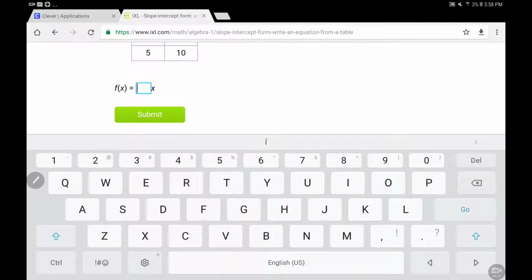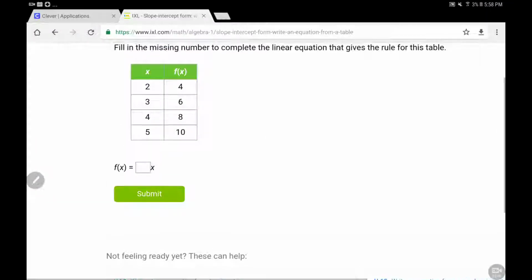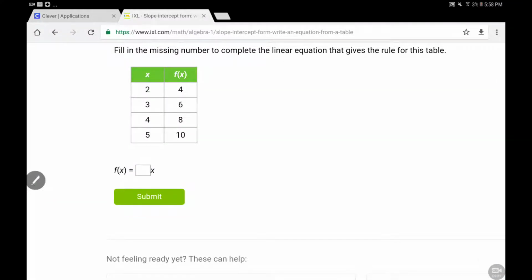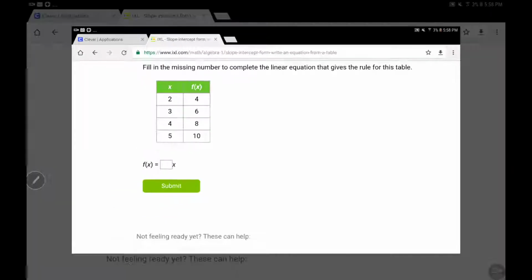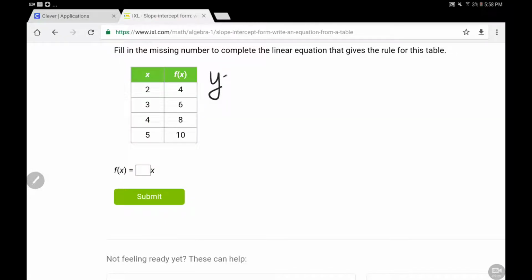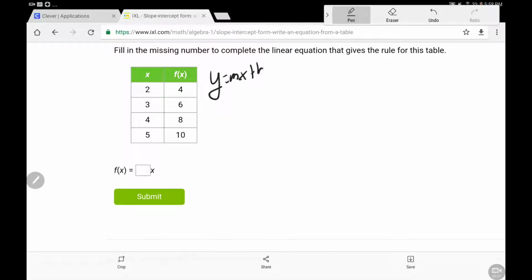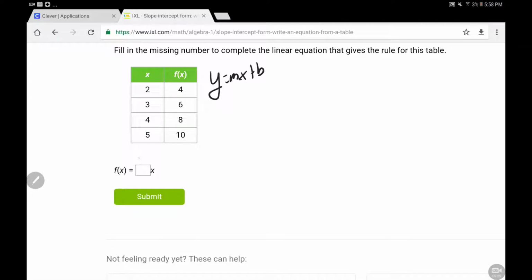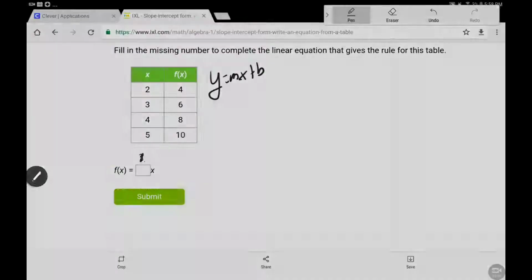Okay, so simply put that in and submit. Now, when we look at one like this time, it's asking for the slope. We have y equals mx plus b. We want to know what's in front of x. This is our m term.